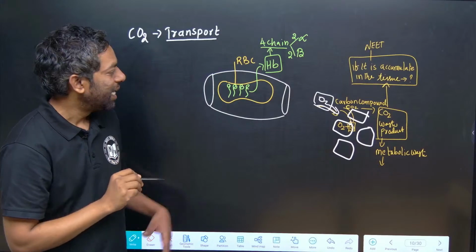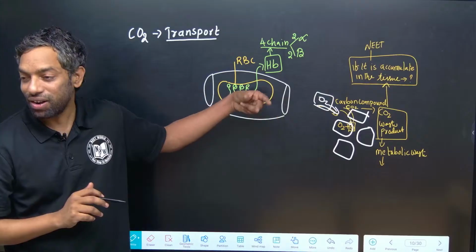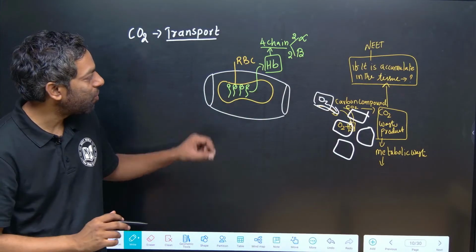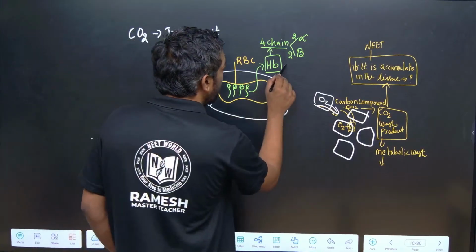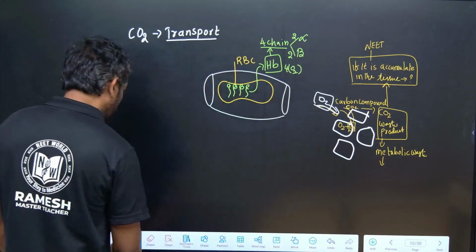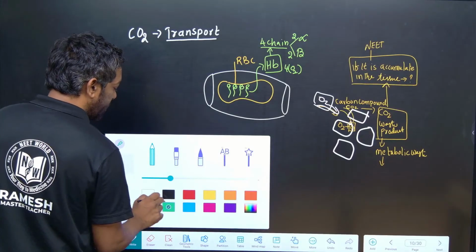So this hemoglobin can carry oxygen. How many molecules can one hemoglobin carry? 4 molecules. Each hemoglobin molecule can carry 4 oxygen molecules.